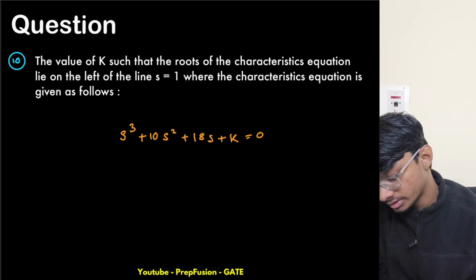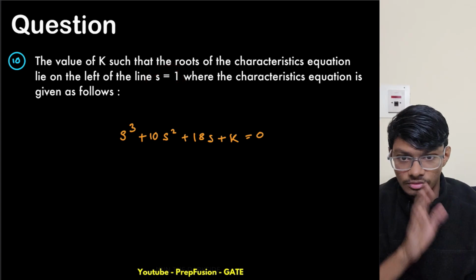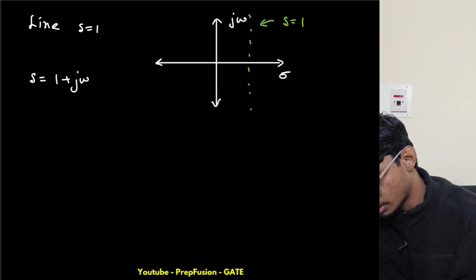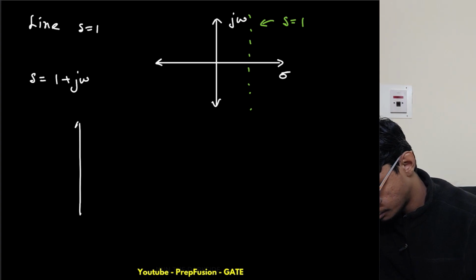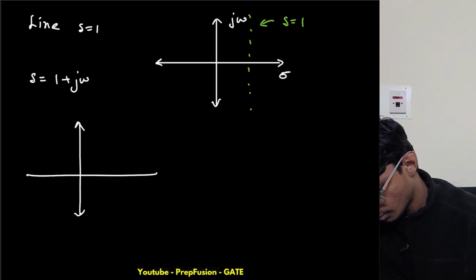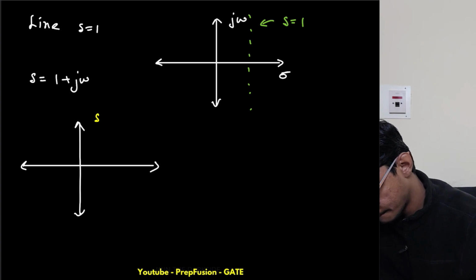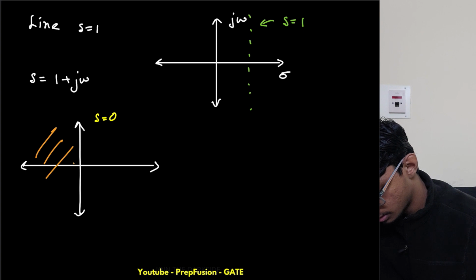Why? Because this time I have to find around the s equals to 1 line, not the s equals to 0 line. So this is my s equals to 0 line. I don't want to find my roots around this line.